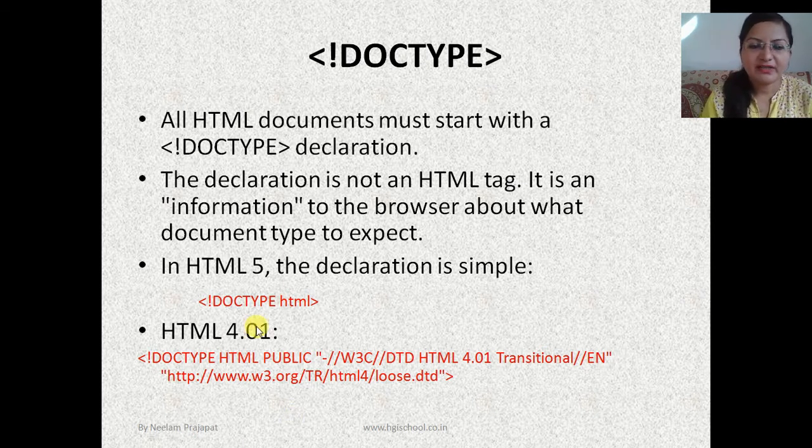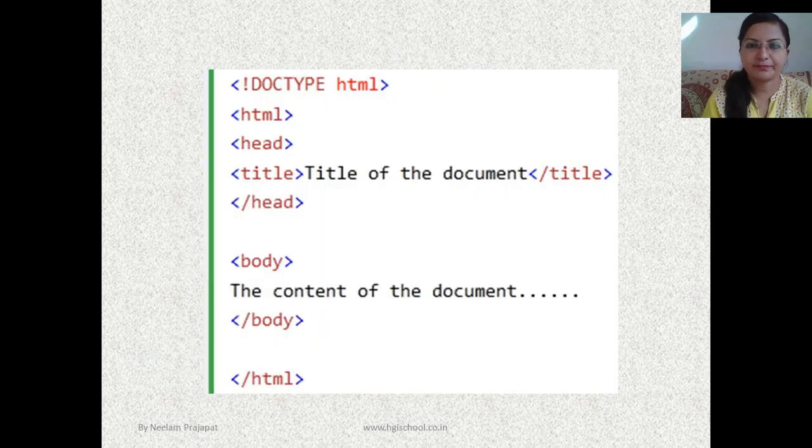So for HTML4, if we have to put doc type, then we can use this line. Okay, and this actually includes the loose.dtd in the page. Then what will happen, it will check the validity of the document. So it can be written like this. Okay, about the basic structure of the HTML, we can put exclamation mark doc type, and then HTML at the top.